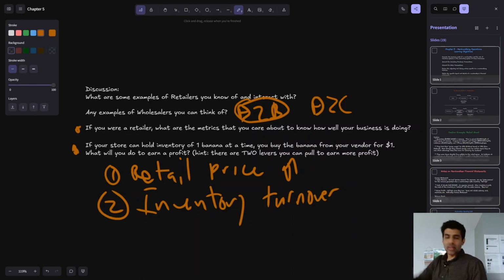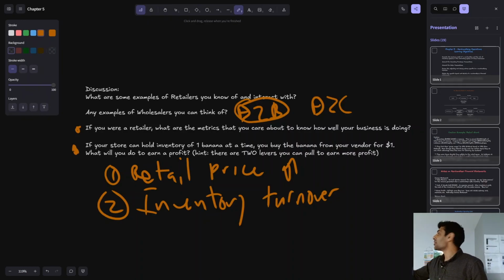If we priced our banana at $5, if we just sold one of them, we're going to make a huge profit, right? We bought for $1, we sold for 5. But how many people are going to buy a banana for $5? You're going to have to market it up and have a really nice presentation. If you go to West LA or something, there's probably people that are throwing money away on food.